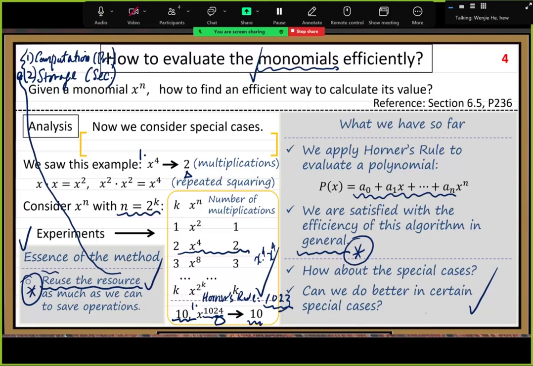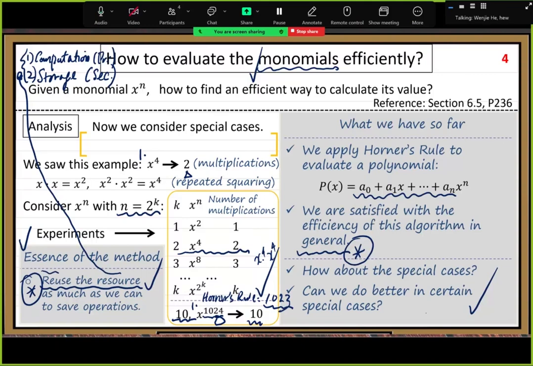After you address the computation resource, the next thing to think about is reducing the memory storage resource as much as you can. That's what we typically do in this class.